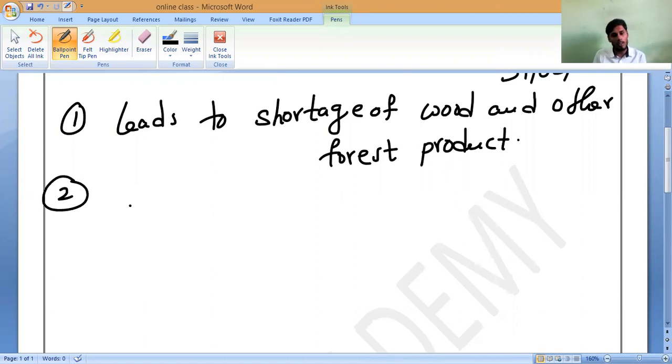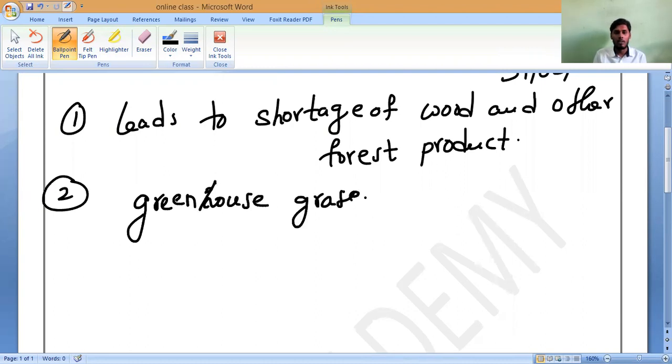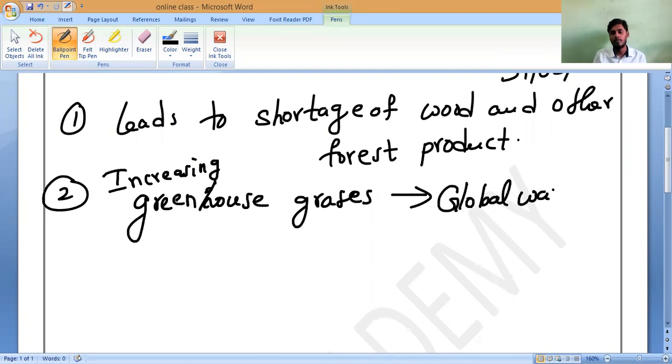Because of increasing greenhouse gases, it will lead to a major effect on the Earth's atmosphere, which is called what? Global warming. It leads to global warming.